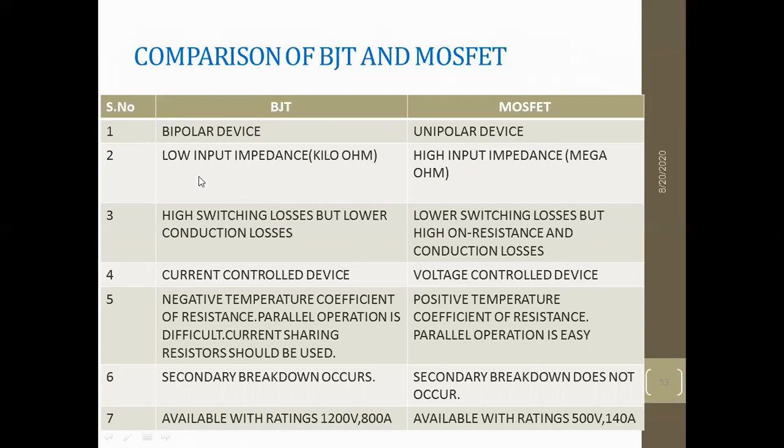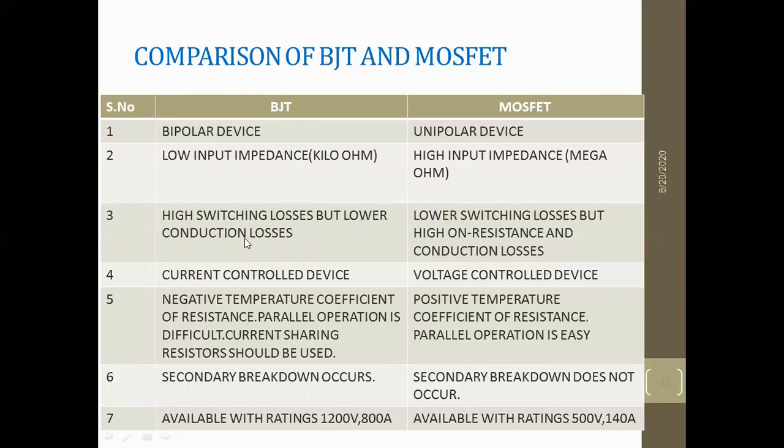The BJT has low input impedance, that is, the input impedance of the BJT transistor is low, and the MOSFET has high input impedance, in megaohm values. But what about the switching losses? For the BJT, we observe high switching losses but lower conduction losses.